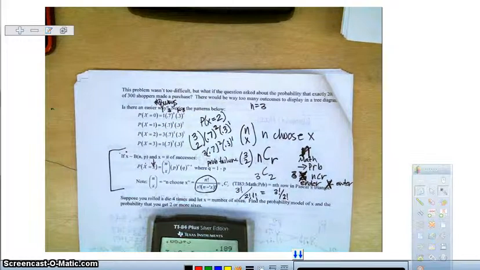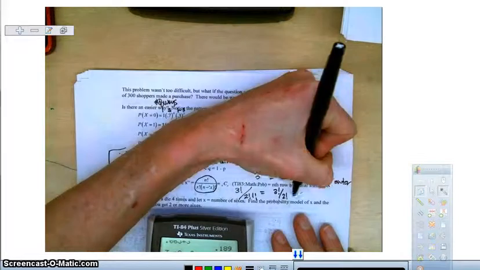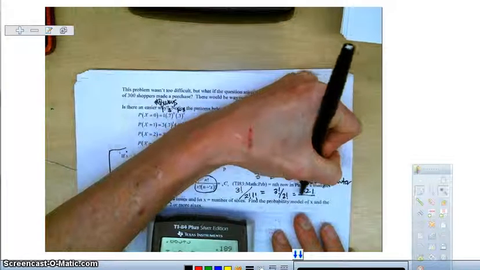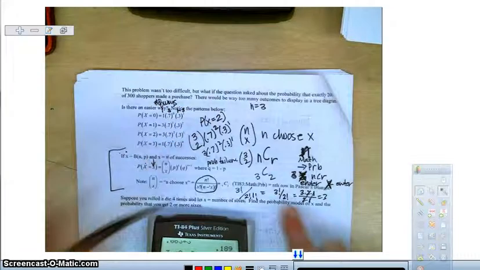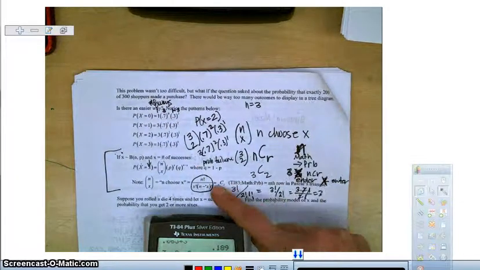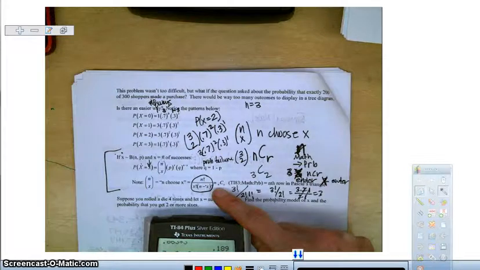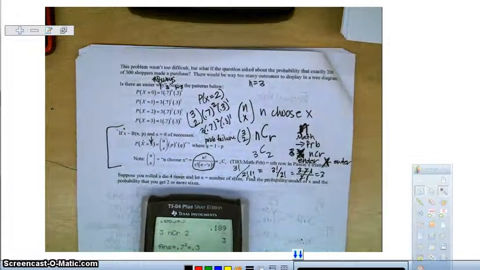And factorial simply means take 3 times 2 times 1. So on the top you'll be taking 3 times 2 times 1, on the bottom 2 times 1. The 2's and the 1's cancel, and you get 3, just like you did on the calculator when you did n choose x up here. So this is just another formula you can use to calculate the n choose x part of the binomial probability formula.